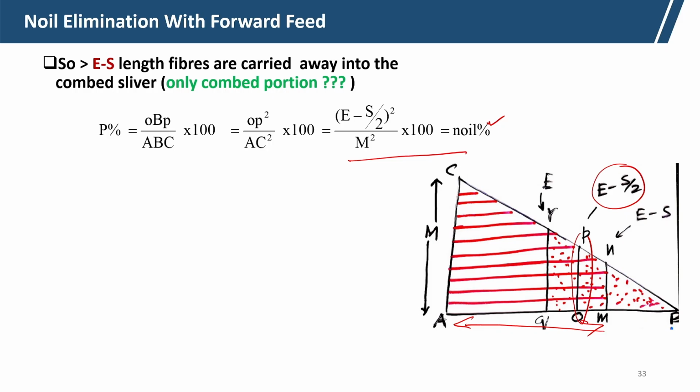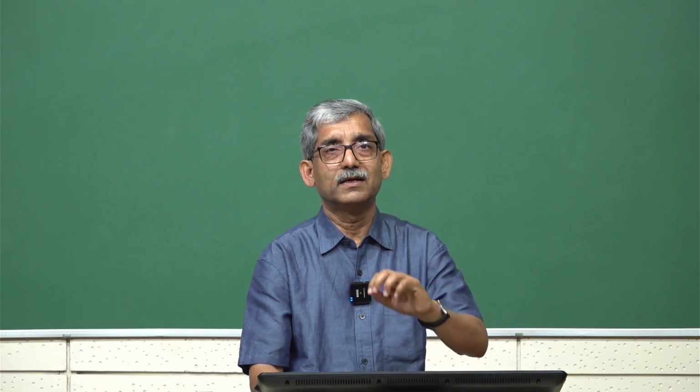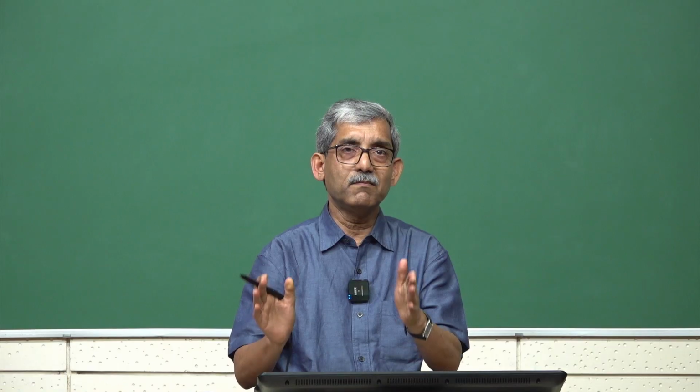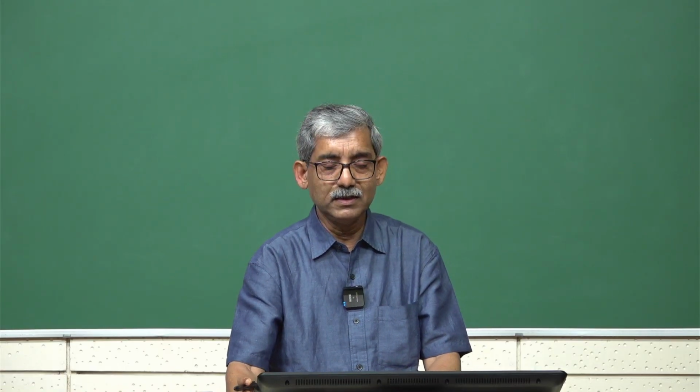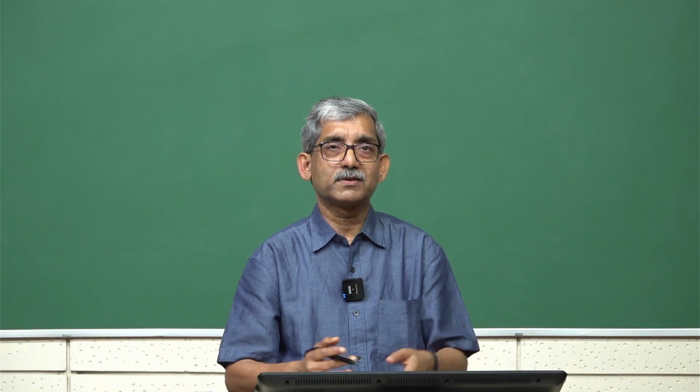From there we can observe that in forward feeding the Noil percent is less than that of backward feeding, with the same setting, E, S, and m being the same. So, for the same fiber, if we use backward feeding, the Noil percent will be higher.